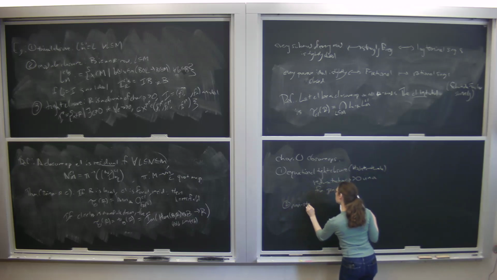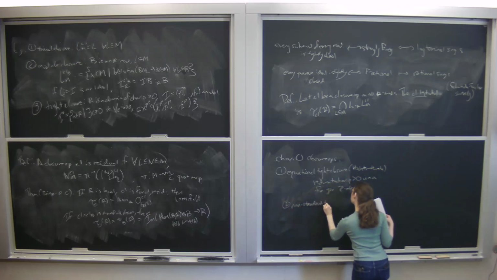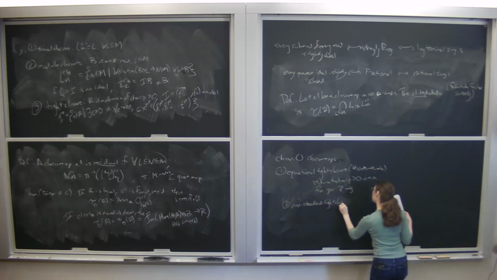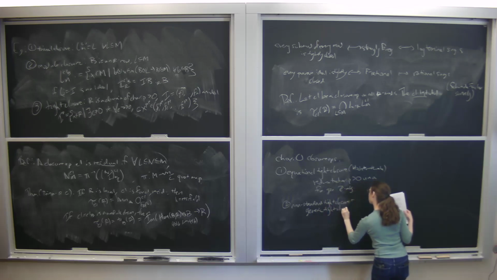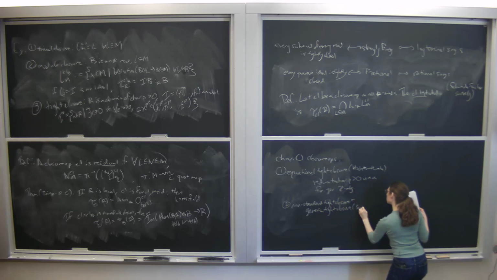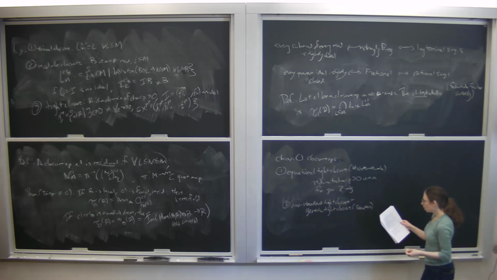Second are non-standard tight closure and generic tight closure. These are defined by Schoutens. And here, it's still a reduction to characteristic p, but it's by a different method.